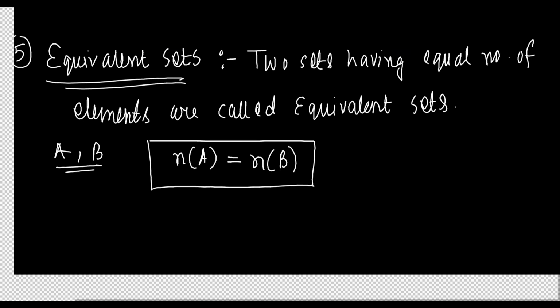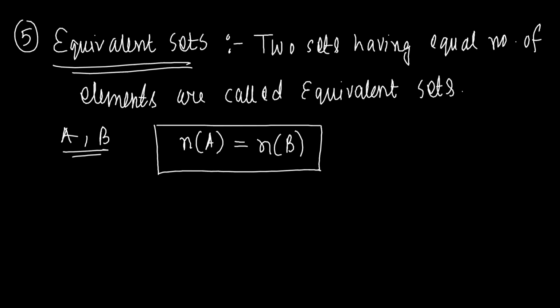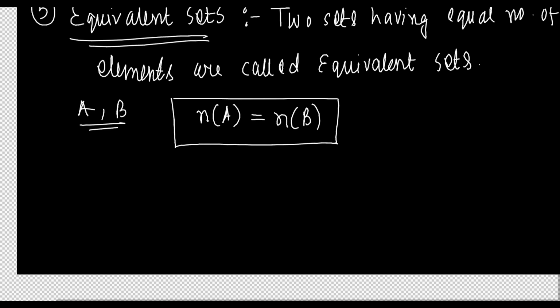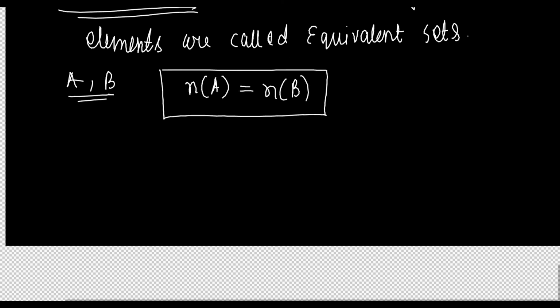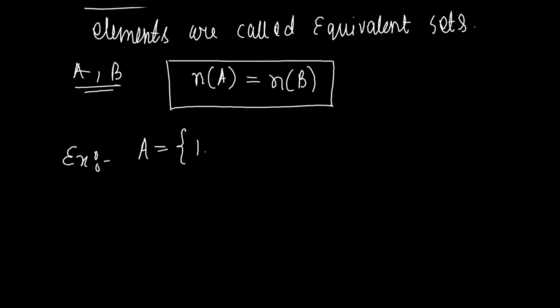If I take an example, suppose I take a set A, inside it 1 and 2 are present. And another set B has elements a and b. Now here it is not necessary that 1 and a should be the same. Otherwise it will be another condition, which we will do in the next part after this equivalent.